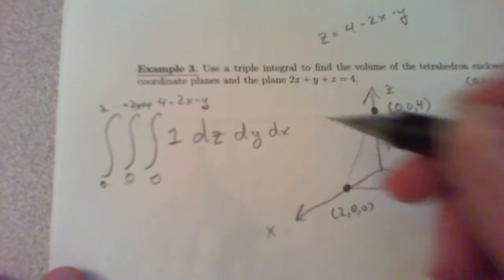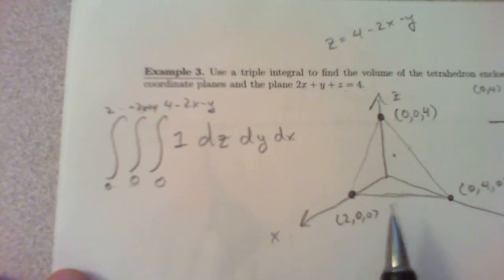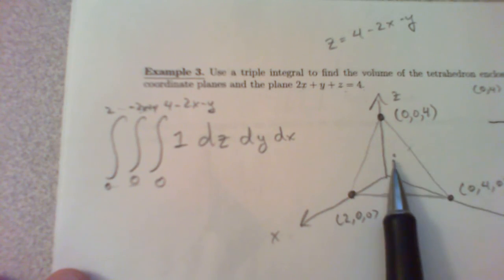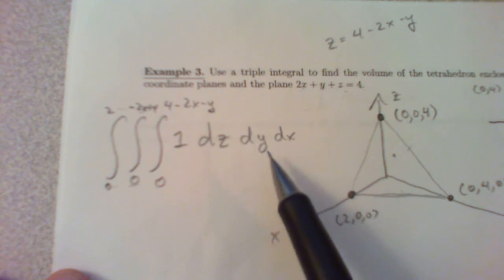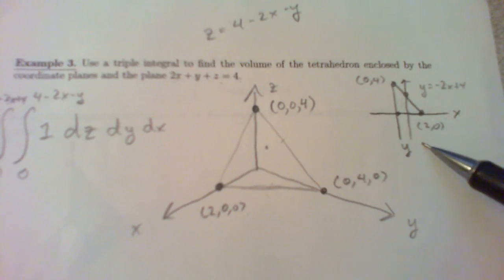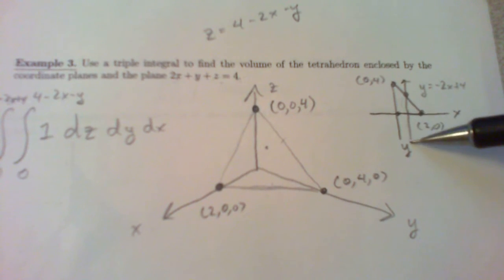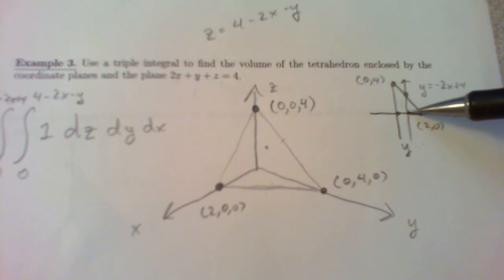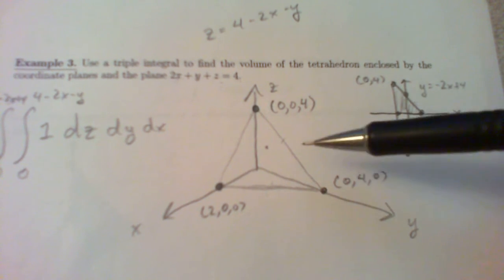So for the triple integral, z went between 0 and that plane because you were coming in from the bottom and you shot out the face. Then to figure out the limits of integration for y and x, we went to a projection onto the ground. When we project onto the ground, if you choose y, you enter at y equals 0 and exit on that line, and then x went from 0 to 2.